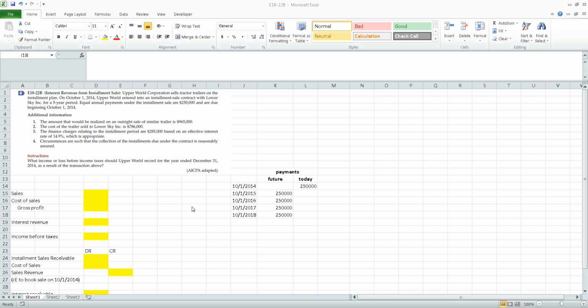Okay, so we're going to book the installment sales receivable at an amount equal to the present value of the future payments required under the terms of the installment obligation, which is $965,000.